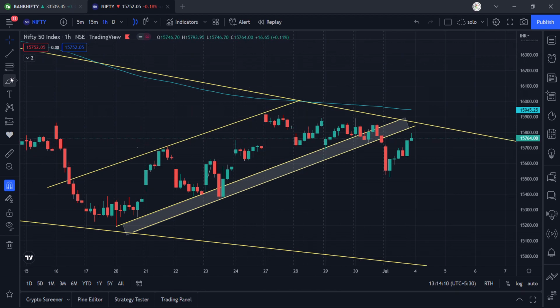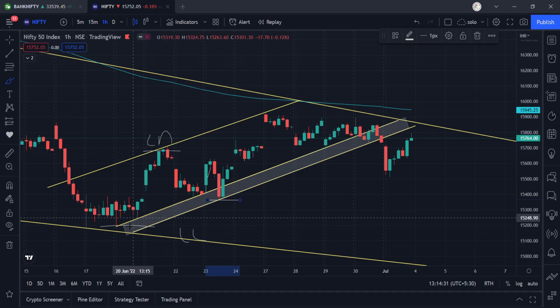I want to tell you something again over here. This is a lower low, and this is a lower high, right, and this is a higher low again. This low is higher than this, so this is a higher low, and this is a higher high.